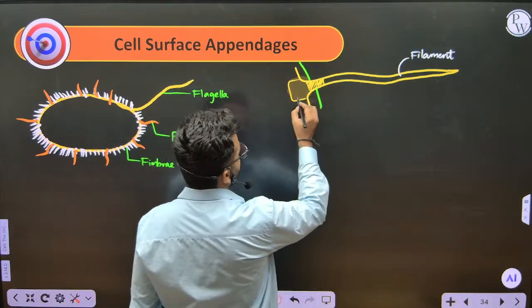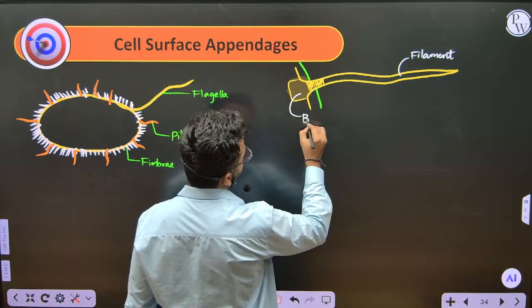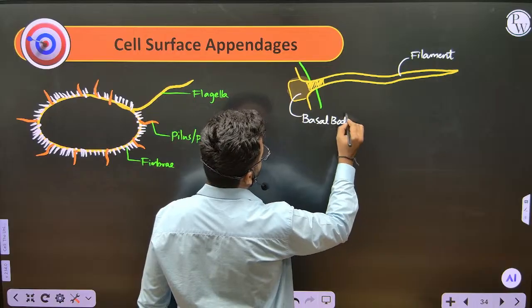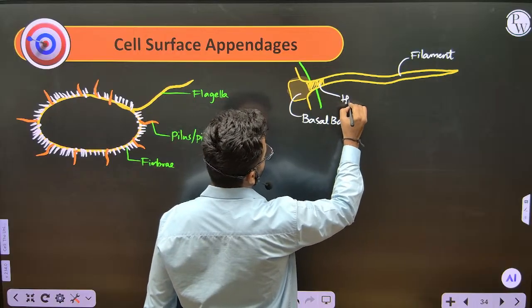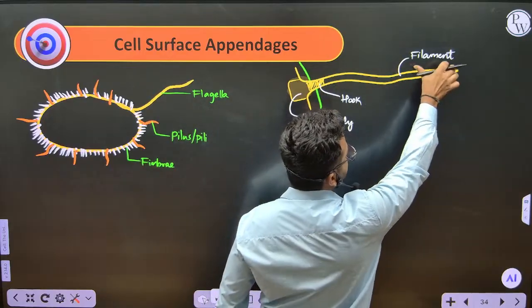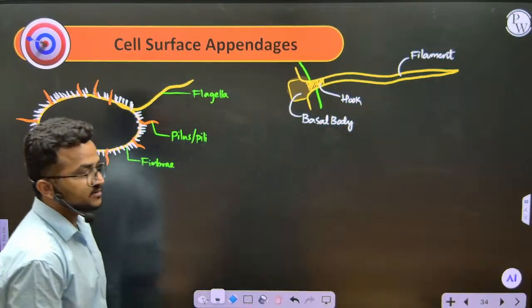That is, one is the basal body, and this is the hook, and the long slender hair-like structure, that is the filament.